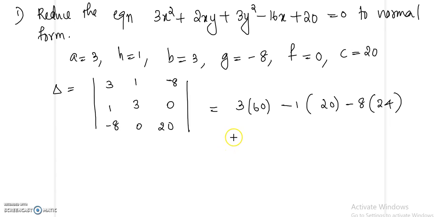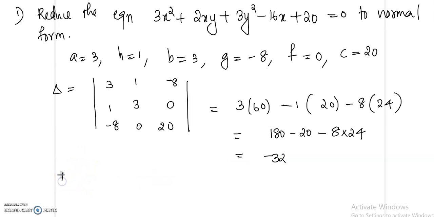So when you simplify, you will get 180 minus 20 minus 8 into 24, which is equal to minus 32.